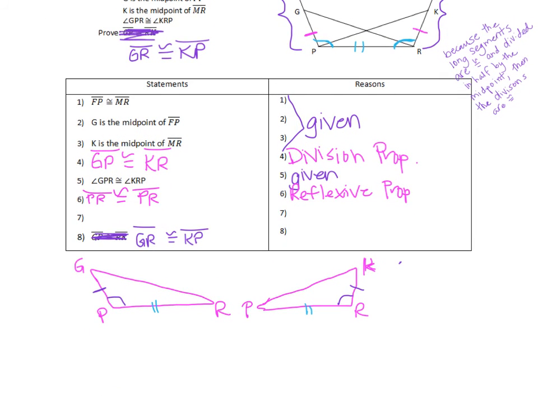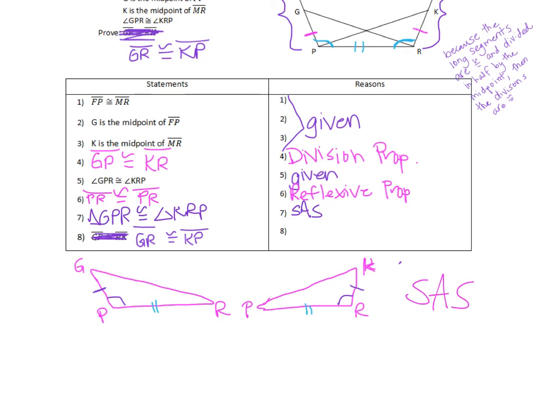If you look at the figure below, it's a little bit more clear. You have a side, an included angle, and a side congruent to a side, included angle, and side. So that is our side, angle, side. So we have enough information to say that the two triangles are congruent. So triangle GPR is congruent to triangle KRP, and that's from our side, angle, side congruency.